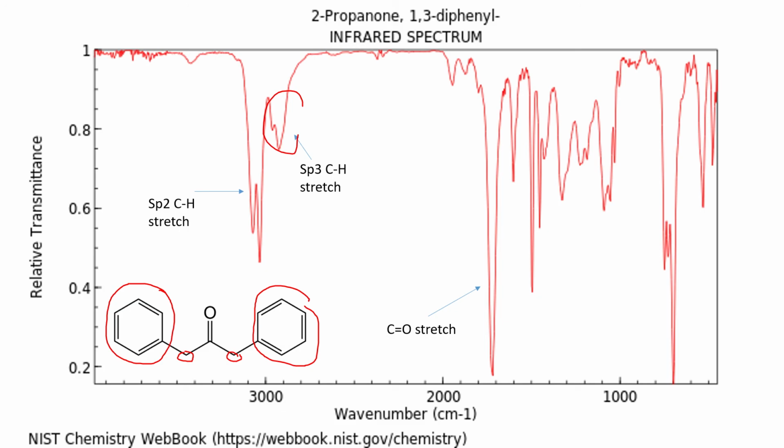Finally, which I think is the most important one, we should see the carbon-oxygen, or the carbonyl stretch. It's a very, very strong peak around the 1700 wavenumber, and we can see it very clearly here. So by looking at these three peaks, it's very indicative that we were able to purify our dibenzyl ketone, or the 2-propanone 1,3-diphenyl.